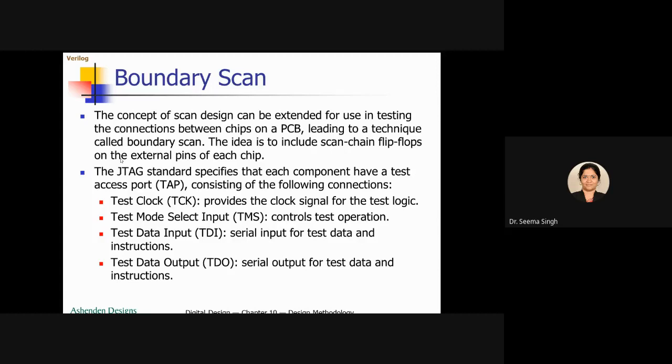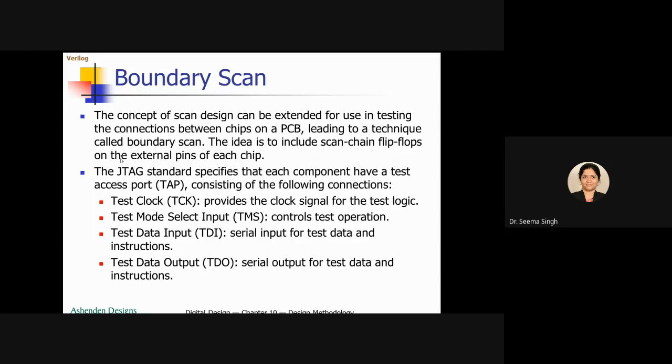Now, what does an interface mean? Something goes in, something comes out. So the other two things you have are test data input and test data output, that is TDI and TDO. Test data input provides the serial input for test data and instructions. What do you mean by this?